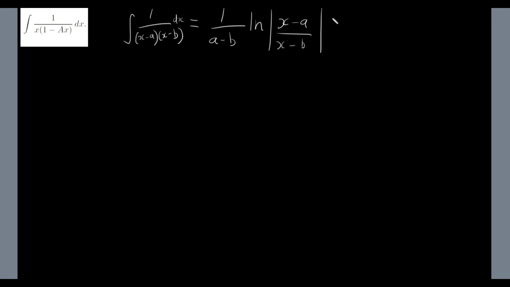So the integral of something in the form of 1 over x minus some constant times x minus another constant, with dx over here, equals 1 over a minus b, so this constant minus this constant, we don't have to change the signs, just as they are, times the natural log of the modulus of x minus the first constant over x minus the second constant.